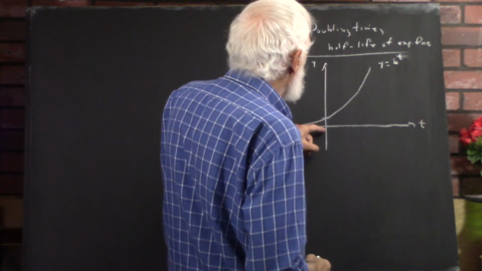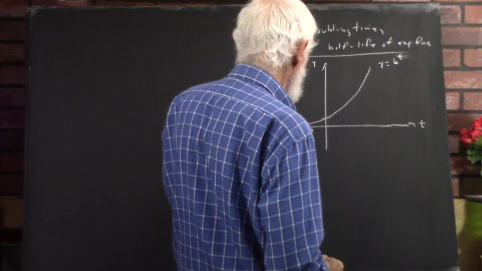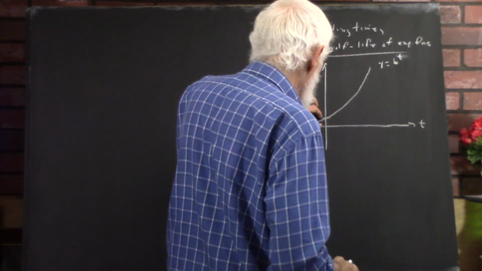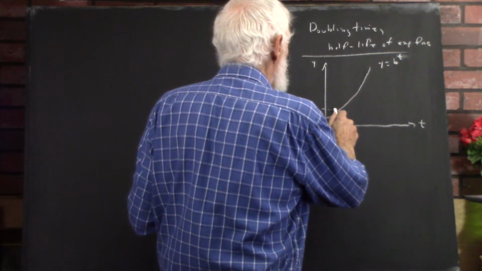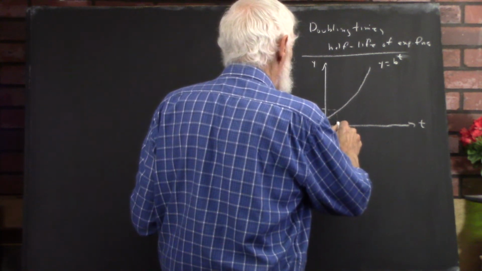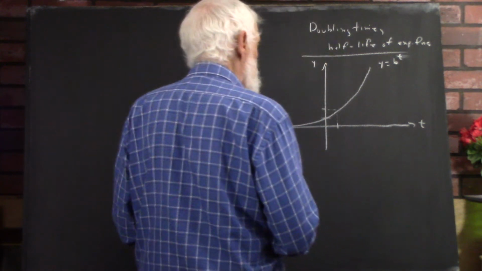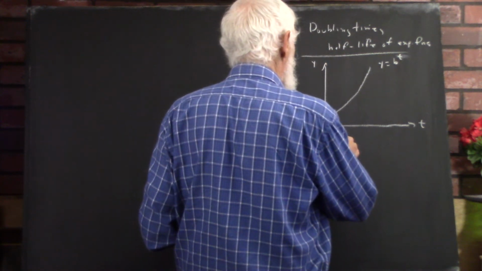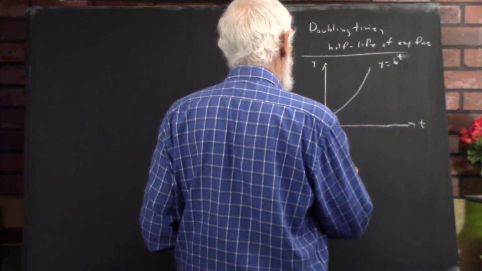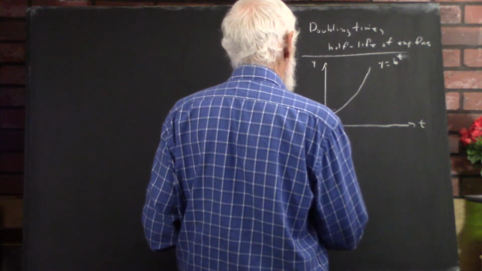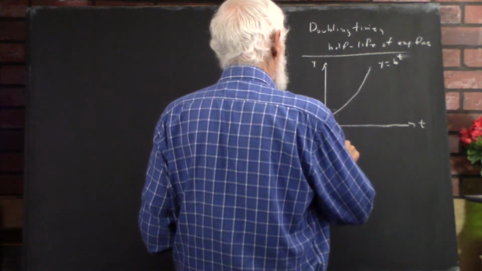Okay, how far do I have to go here before the value doubles? Well, let's just take this value and double it and see how far I've got to go. Okay, that's how far I've got to go. Okay, so the function doubles the y value.